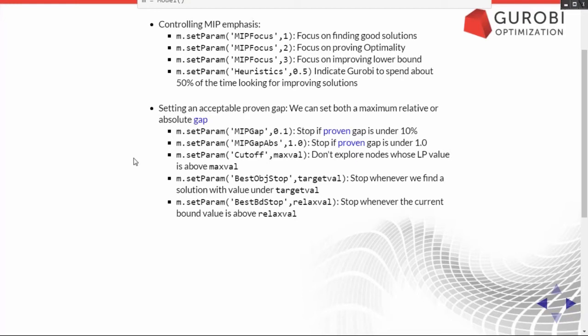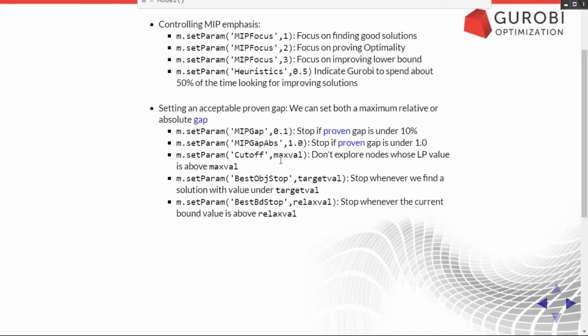One of the things that controls the way the branch and bound exploring process goes is the cutoff value. Whenever you set the cutoff, you're telling Gurobi not to explore any node whose value is, if you are in minimization, above the given threshold, and if you are in maximization, it's the other way around.